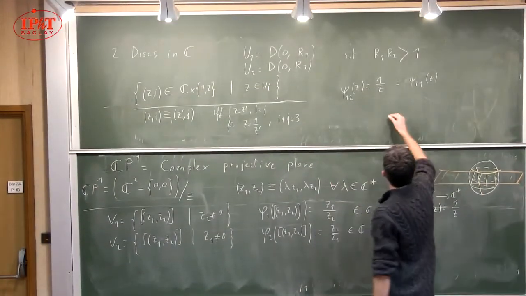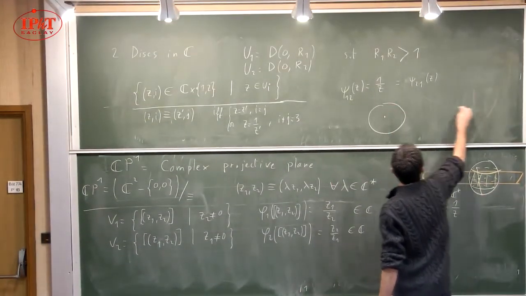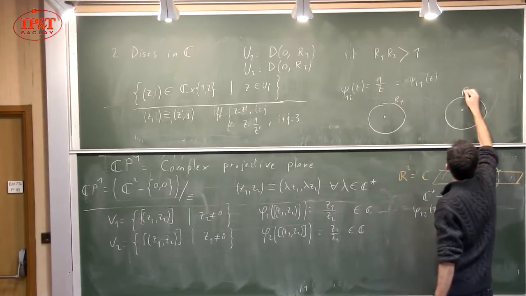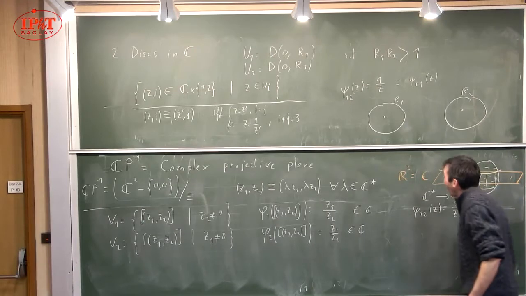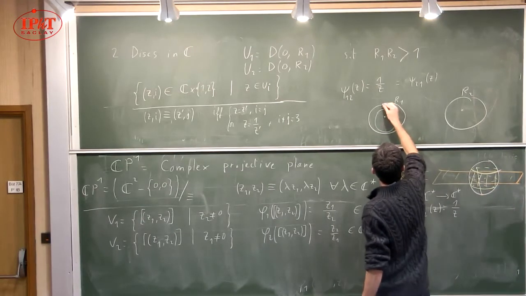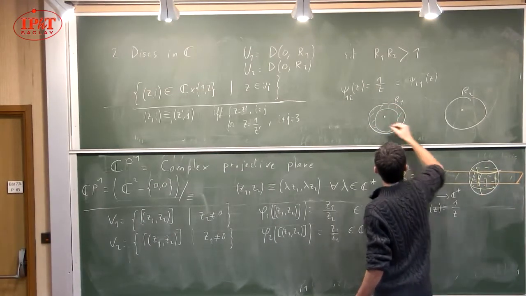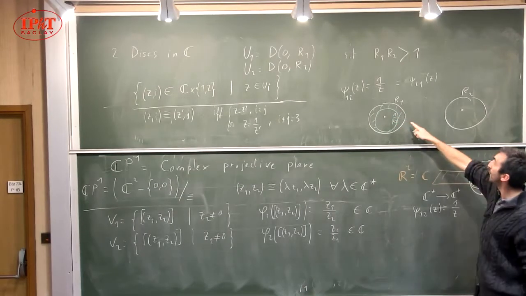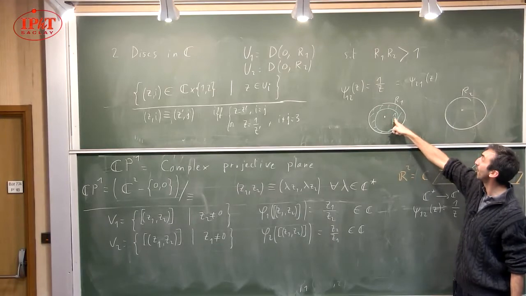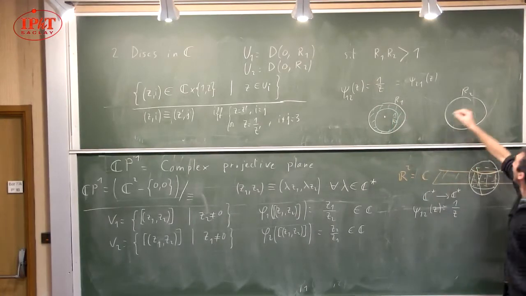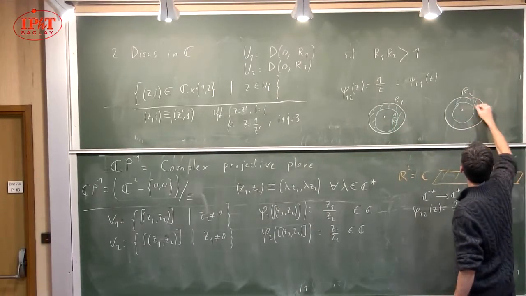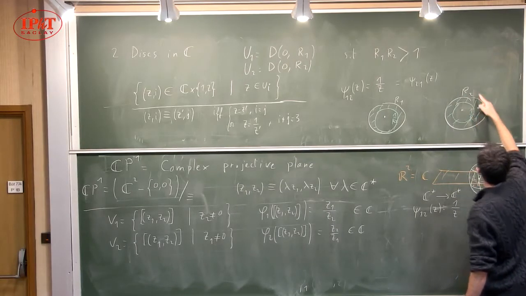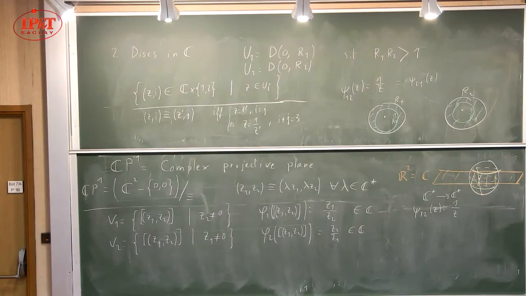So basically it means that I take a disk, I take another disk, so this one of radius R1, this one of radius R2, and I identify all the points that sit in the annulus. So I take the annulus which is between radius 1 over R2 and R1, and I identify these with the annulus of radius between R2 and 1 over R1.